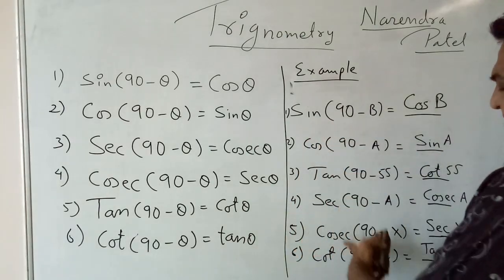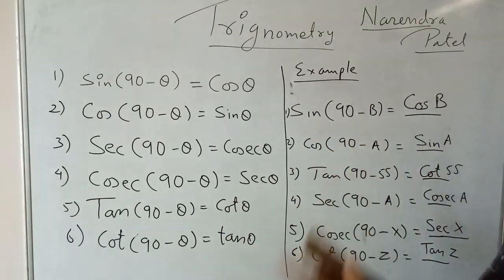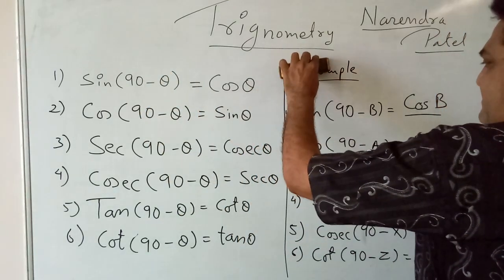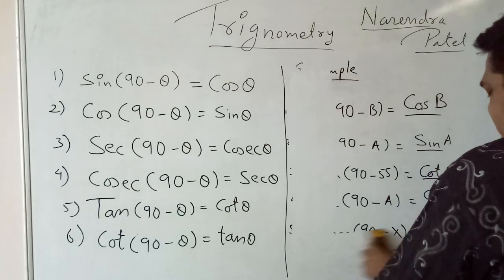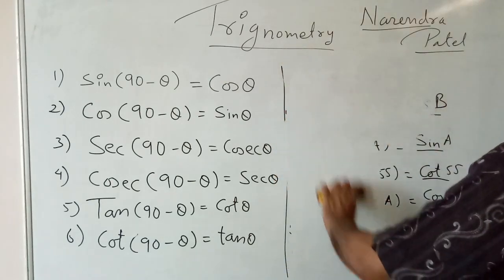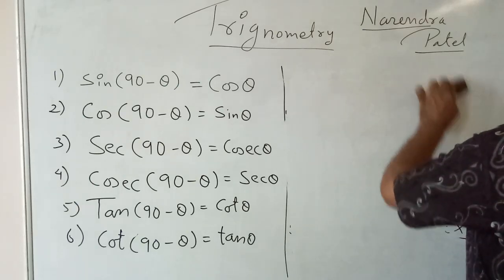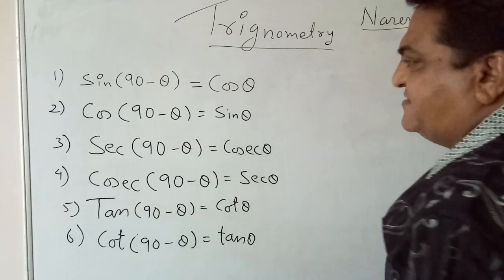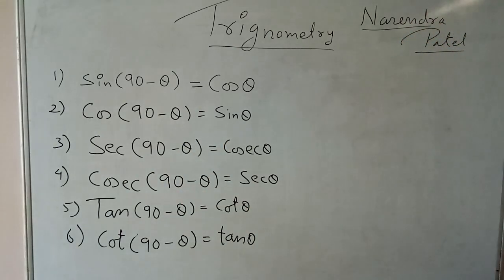So this example is given. This type of question will be given to you for homework. You have to prepare this. This example was about how to use these formulas. You have to just go through these formulas and prepare them.